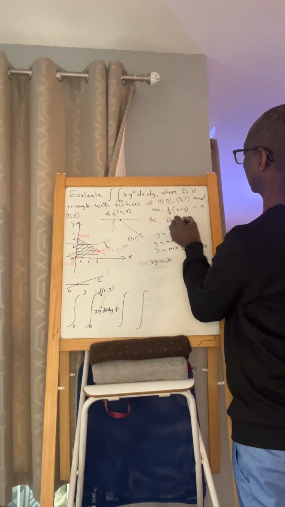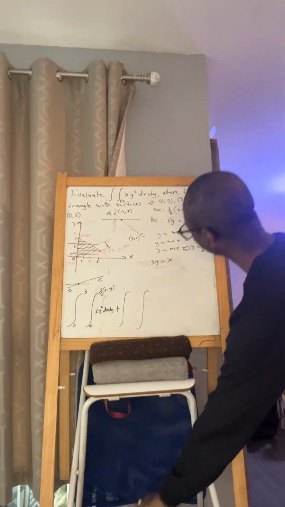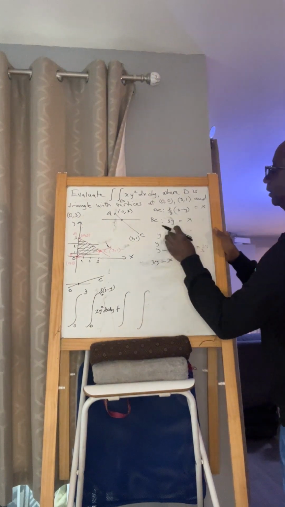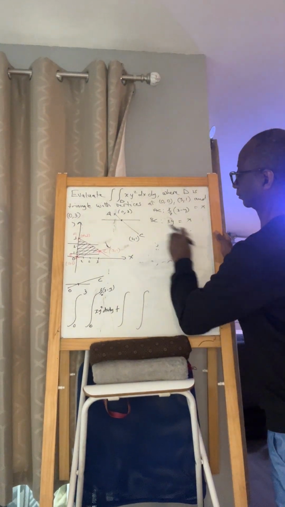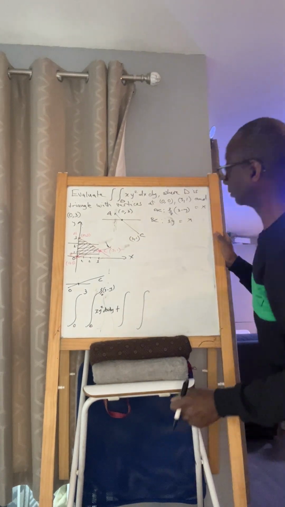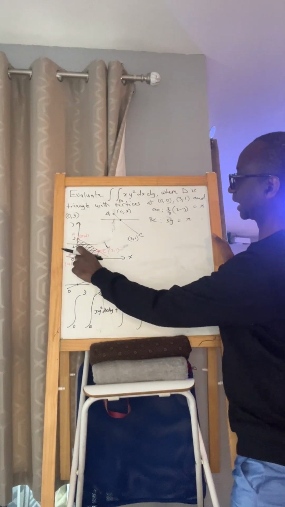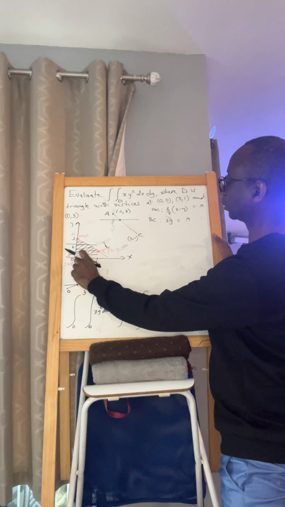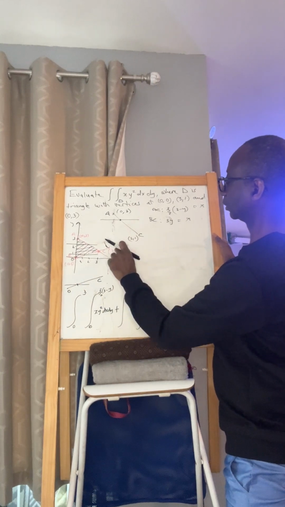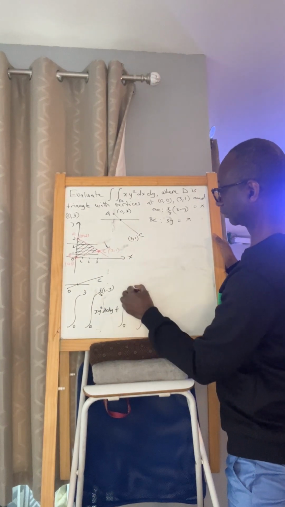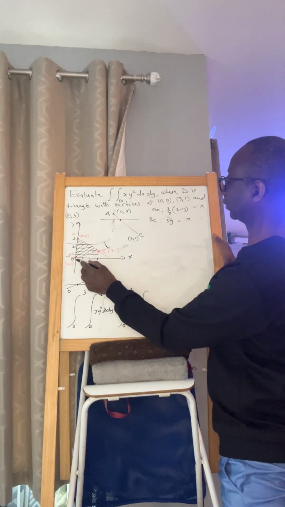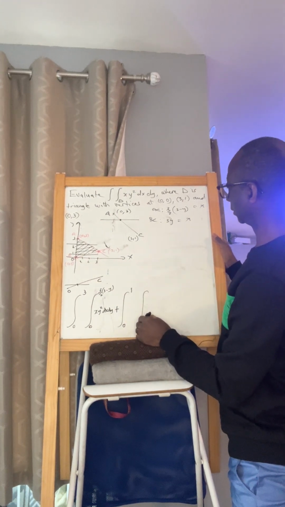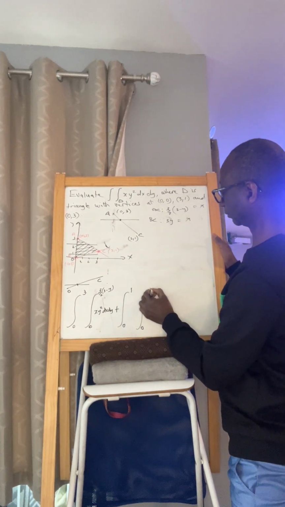This was x and this is x. For the line BC, x is 3y. Yeah? So now, your y for this line BC goes from 0 to 1, and your x value goes again from 0 to 3y.